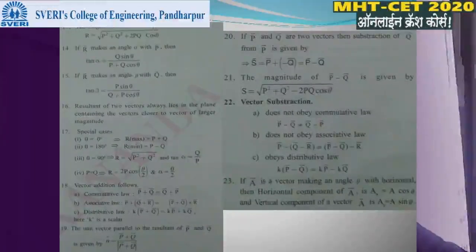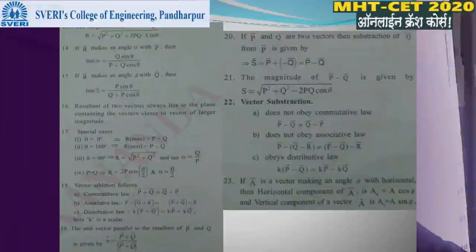ओके, if we go to the vector subtraction, त्याच्यामध्ये काहीतरी टर्म्स असतील. Does not obey commutative law. सबट्रॅक्शन मध्ये कम्युटेटिव्ह लॉ ओबे केला जात नाही. Means p bar minus q bar is not equal to q bar minus p bar. Again, in vector subtraction, it does not obey associative law.